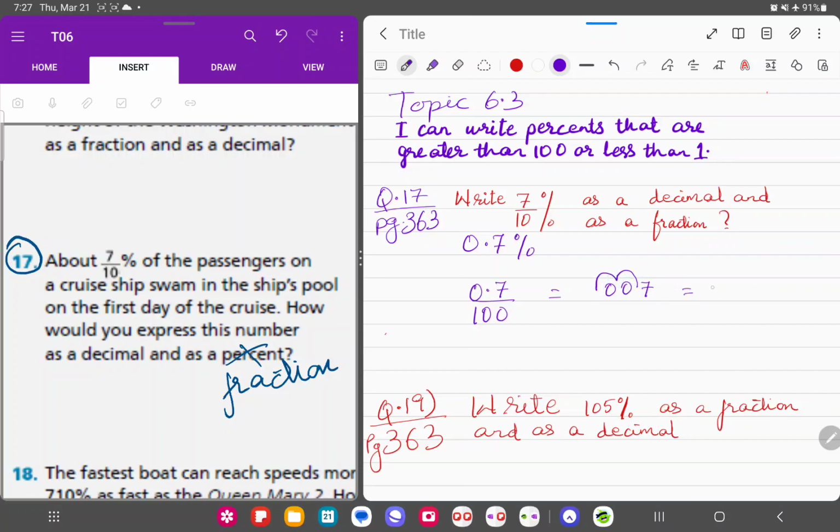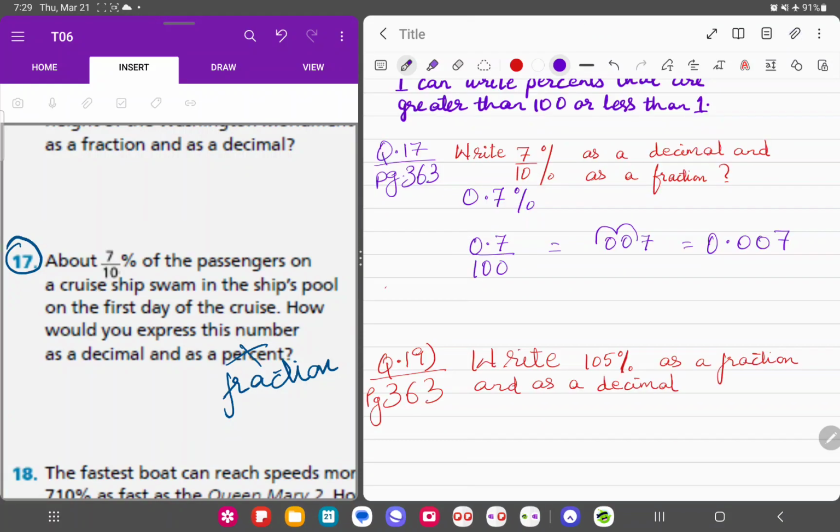So my answer is 0.007 in decimals. Okay, so I have done the first part, which is converting it into decimals. Now I'll see how I can convert this 0.7 over 100 to a fraction. It is already a fraction, but I'll try to get rid of the decimals.